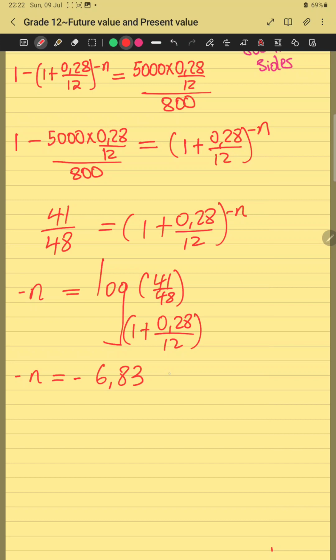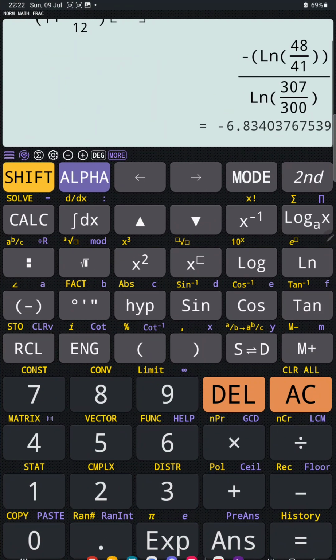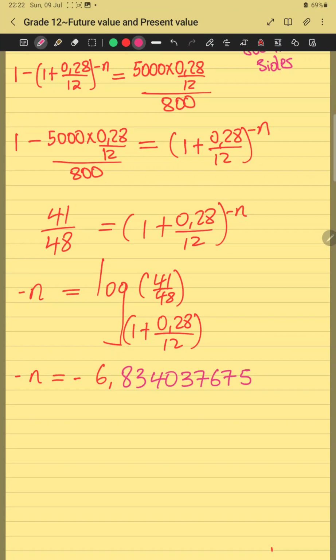Negative n is equal to negative 6.83, and then let me just use another color here because I just want to explain something to you. So it's 8340376 and then 7539, perfect.